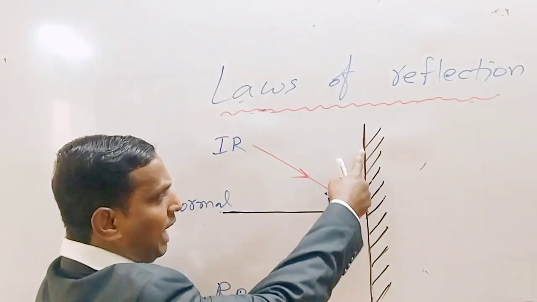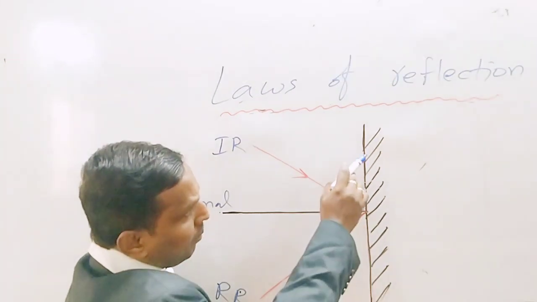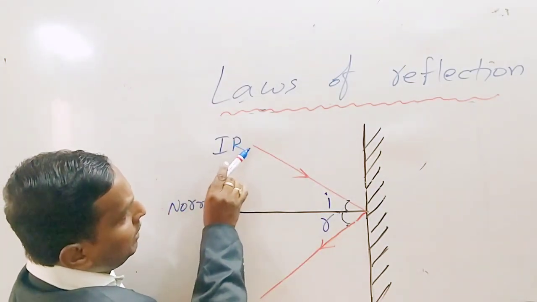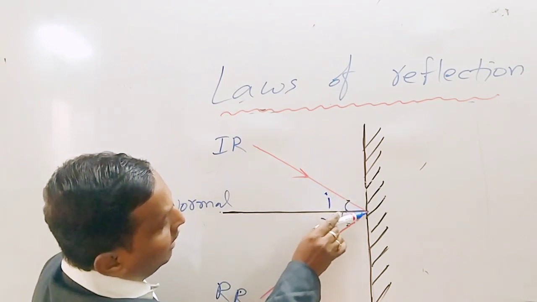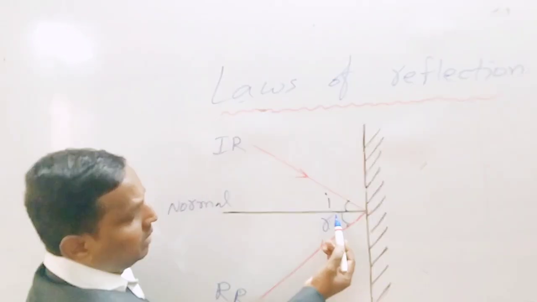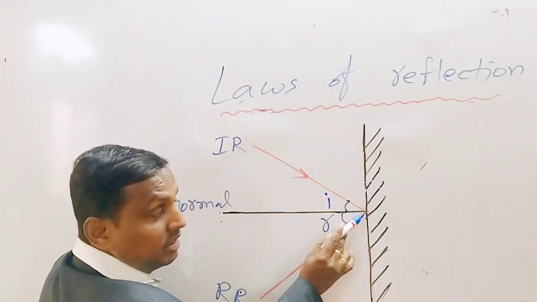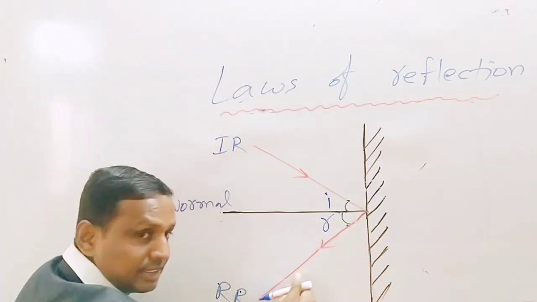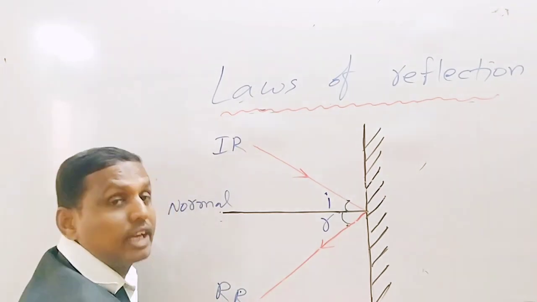So here, this is a plane mirror. And you take an IR, meaning the light ray is incident here. The light ray is incident on the mirror, and this is the normal. And when the light ray is incident on the plane mirror, the light ray will be reflected like this. This is called RR, reflected ray.